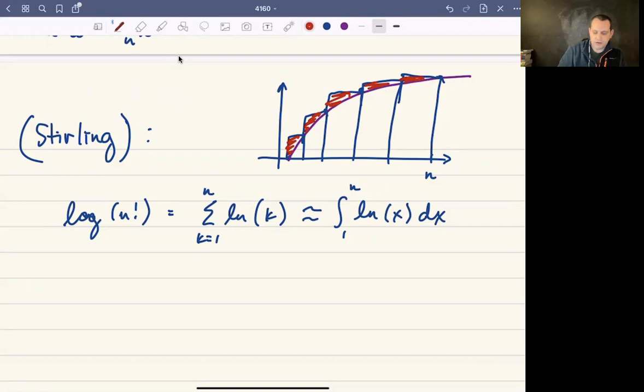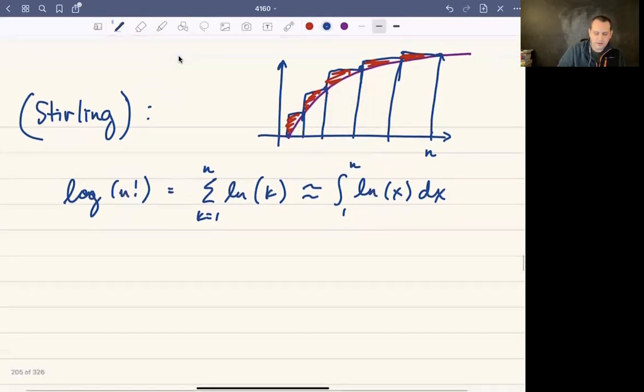I need to be a little bit careful here. I would just have to go and think about this very carefully, but the sum from 1 to n is going to be, I think, up to here. So this integral might be a little bit more, and then you can bound it, but it doesn't matter. We can make this as rigorous as we need to, but we don't need to right here.